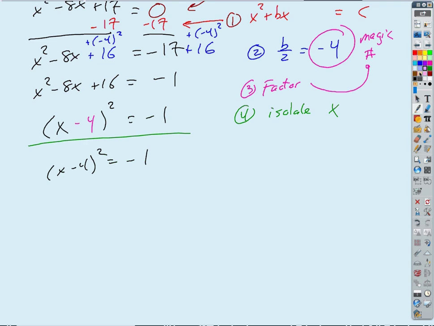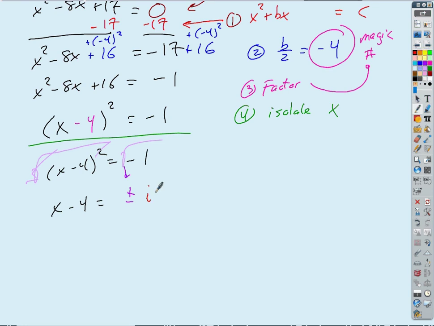So let's do that. So if I square root a square, they cancel. And I get x minus 4 equals, what do I have to include if I square root? Plus or minus.